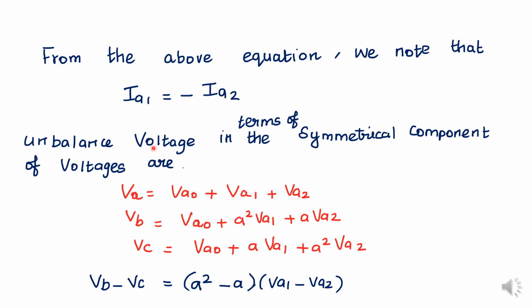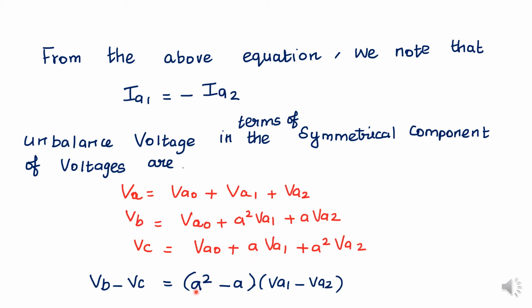Next, I am going to write the unbalanced voltages in terms of the symmetrical components of voltage. VA equals VA0 plus VA1 plus VA2. VB equals VA0 plus A square into VA1 plus A into VA2. VC equals VA0 plus A into VA1 plus A square into VA2. VB minus VC: VA0 minus VA0 is 0, so it is A square minus A into VA1 plus A minus A square into VA2.